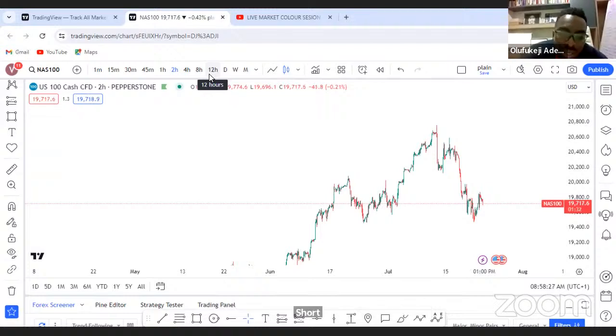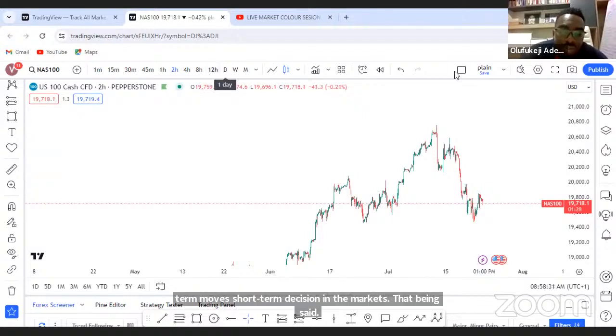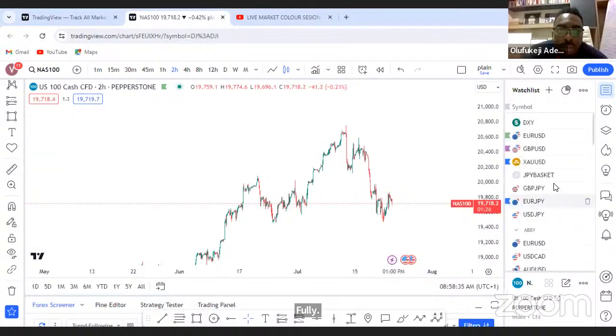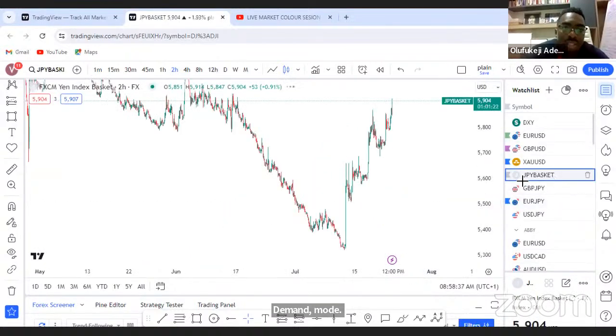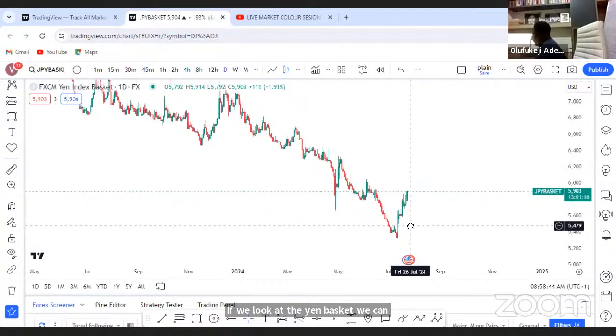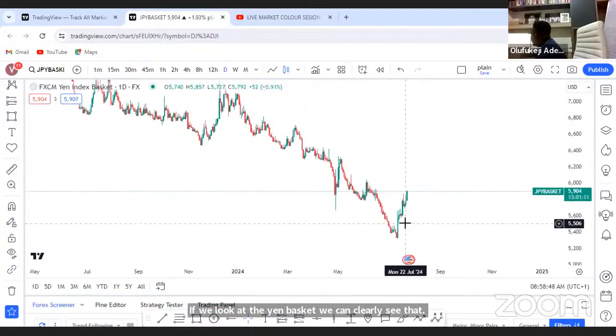That being said, it's clear now that the yen is fully in demand mode. If we look at the yen basket, we can clearly see that right now the yen is the preferred currency.